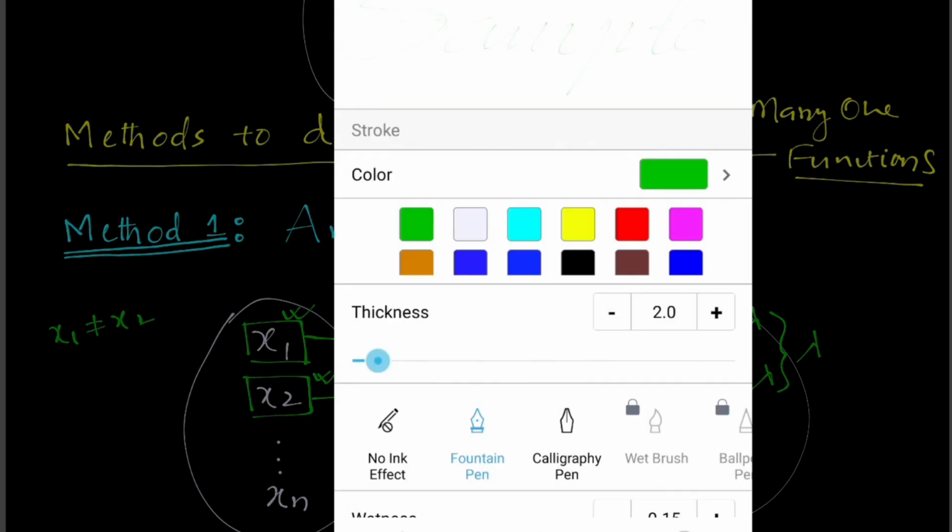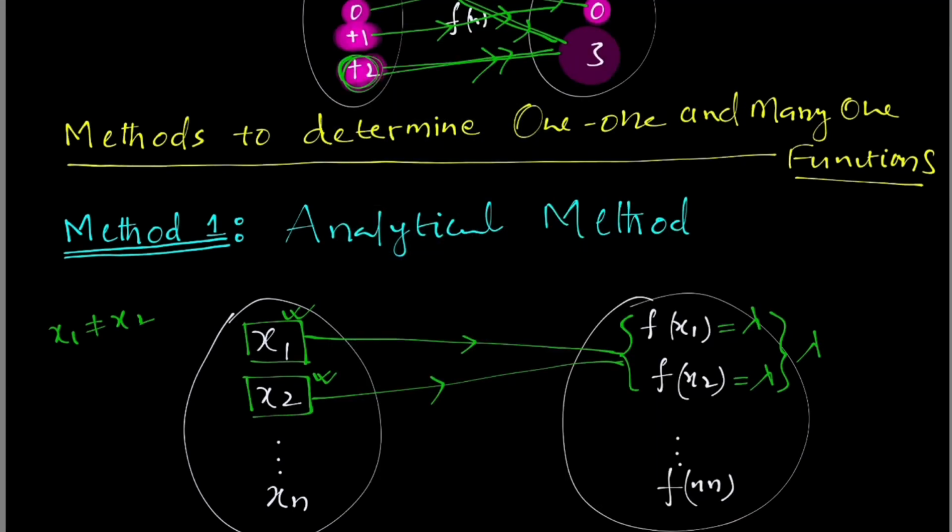But if I take any condition like x1 is equal to x2, f of x1 is equal to f of x2, that is lambda, and let me consider x1 equal to x2, means the given input values are equal. So let me write down x1 is equal to mu and x2 is also equal to mu.